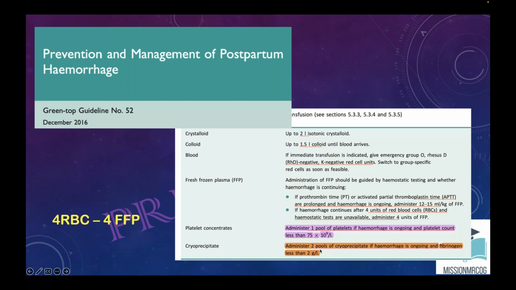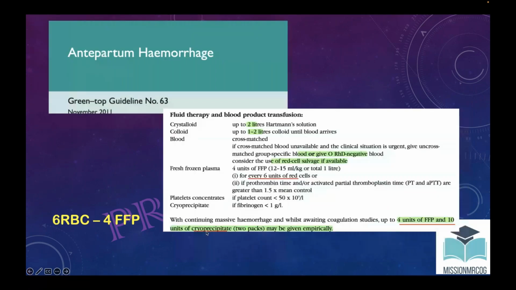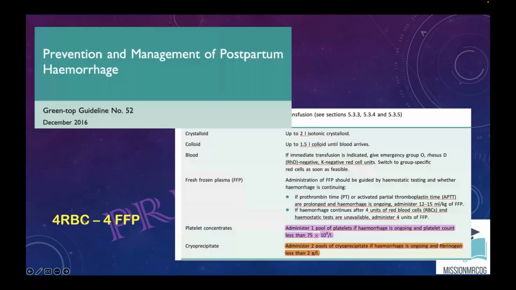So this part is the same: they are giving 2 packs or 2 pools of cryoprecipitate. But in the antepartum guideline, they say for every 6 RBC there are 4 units of FFP. In postnatal, they say 4 RBC and 4 FFP. So this creates confusion. A better idea is to see where the question is coming from.